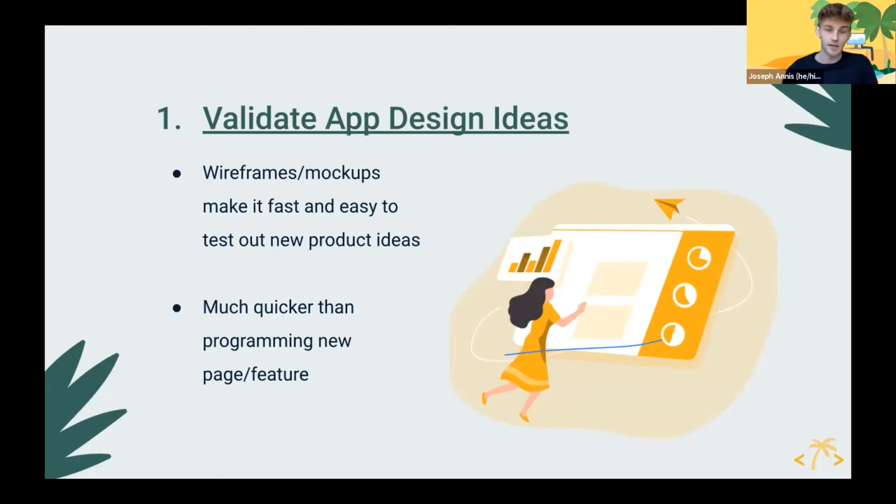Someone could take a look at it and say, I don't really know if that search bar makes a lot of sense. It doesn't really seem to have a purpose on this page. And you're like, oh, cool, no problem. You erase the search bar in your sketch and you hand them a new one. They're like, yeah, I like that better, right? As opposed to if you were coding the project and for the first time you worked on it really hard and then you gave it to someone and they're like, yeah, I don't like the search bar. And you're like, oh, good, I have to recode that now. So much, much faster.